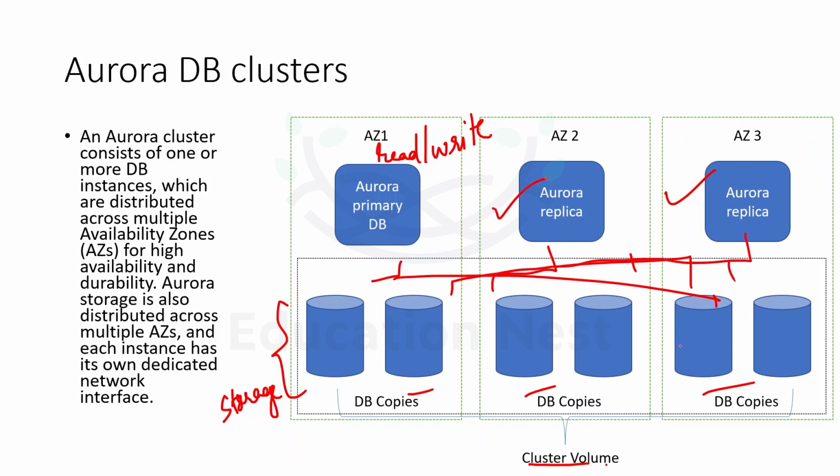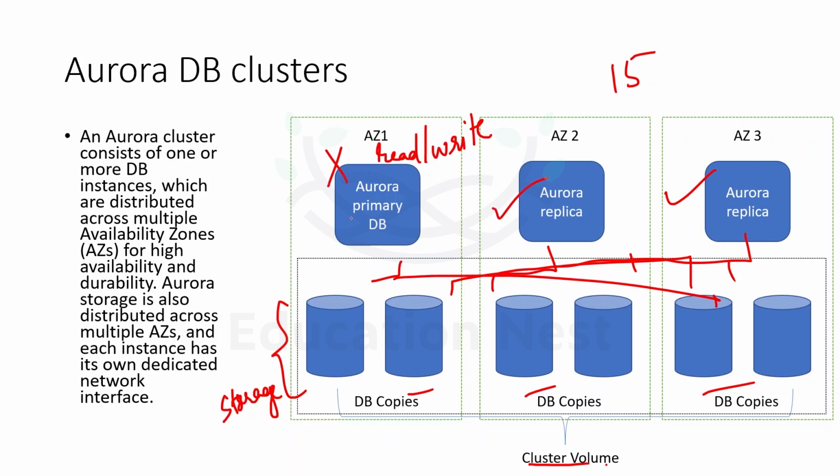Each Aurora DB cluster can have up to 15 Aurora replicas in addition to the primary database instance. They are used for maintaining high availability by locating replicas in separate availability zones. Aurora automatically fails over to an Aurora replica if the primary DB instance becomes unavailable.